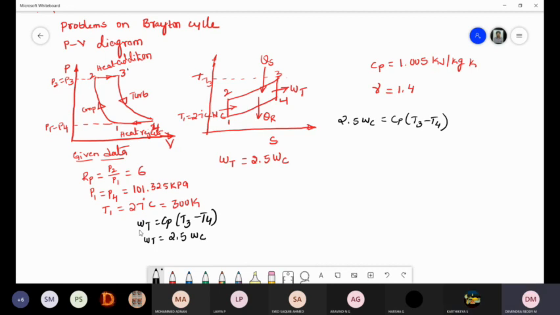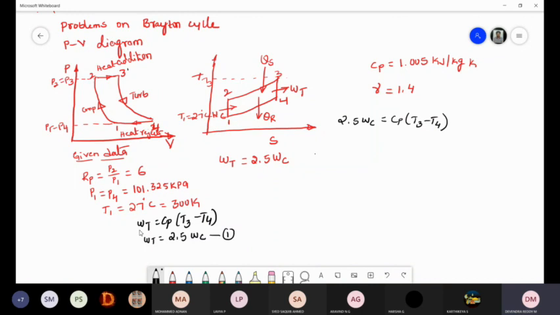Any doubt in this one? You understood how this came? This is given in the problem. This 2.5 WC I have substituted for WT. So keep that same equation.